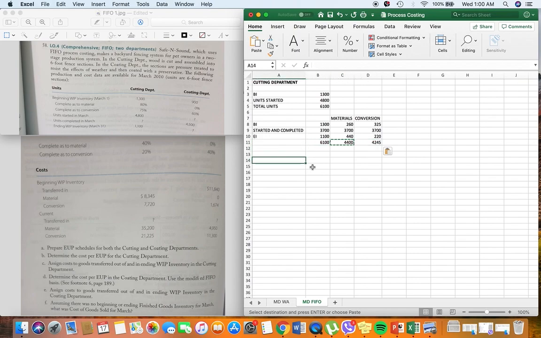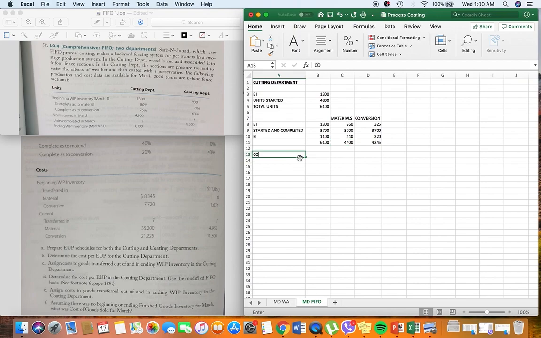per EUP. So, since this is FIFO, and we are very particular, meaning we only include the work done this month in our EUP computation, of course, our cost per EUP computation will be slightly different.